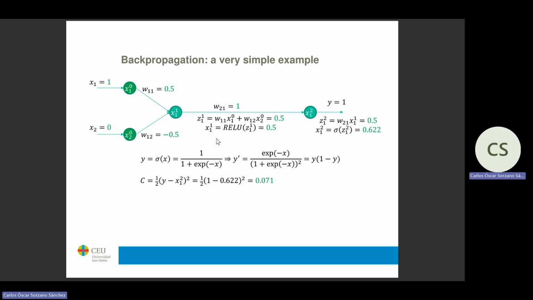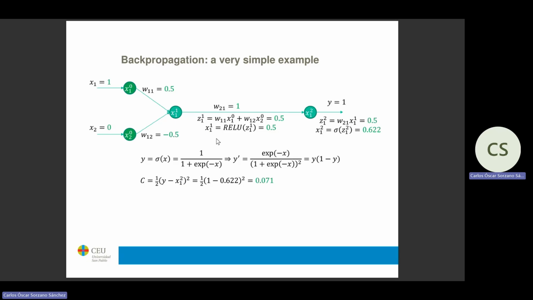We go to the next layer. Let's keep it very, very simple. So let's say that we have a single neuron at the output. So we have a single weight, and that weight at the moment is 1. So now the linear combination at this point will be 1 times 0.5, that is the activation of the previous layer. And that gives us 0.5.